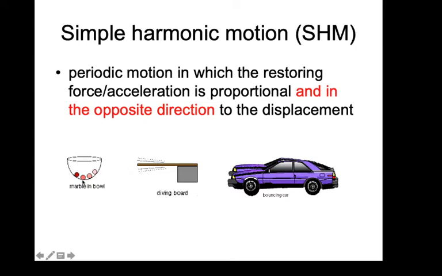Some examples would be a marble rolling back and forth almost like a pendulum in a bowl, where the restoring force would be gravity trying to bring it back down, and it's always going to be opposite to the displacement. As the displacement is going up in the positive direction, gravity will be restoring it or pushing it, accelerating it down in the negative direction.